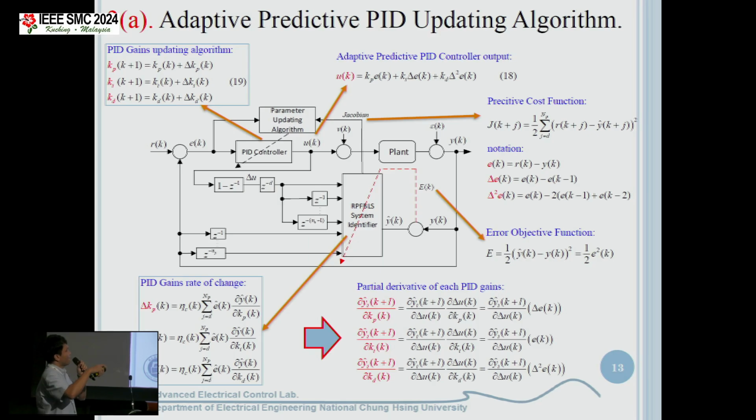And then we have a predictive cost function k plus j here, which is a part of the Jacobian transformation. And then we use that to update the PID gain written in equation 19 here as Kp, Ki, Kd, and the change rate for this weight of the PID gain is obtained by this equation, which is delta Kp, delta Ki, and delta Kd.